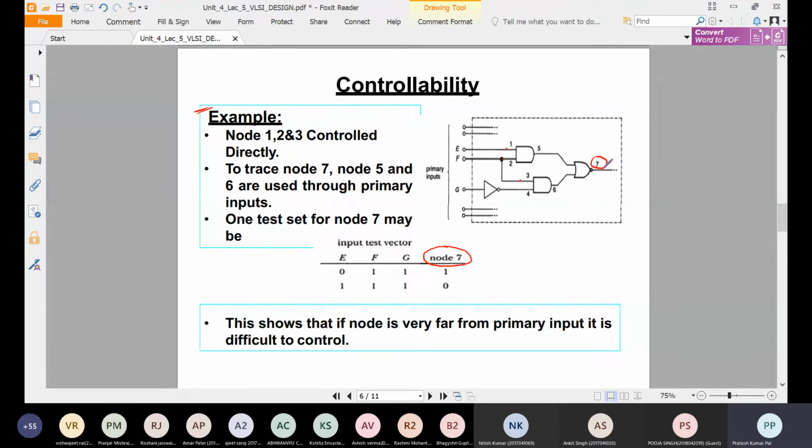If we want to control the node 7 value, here we are providing E, F, G.